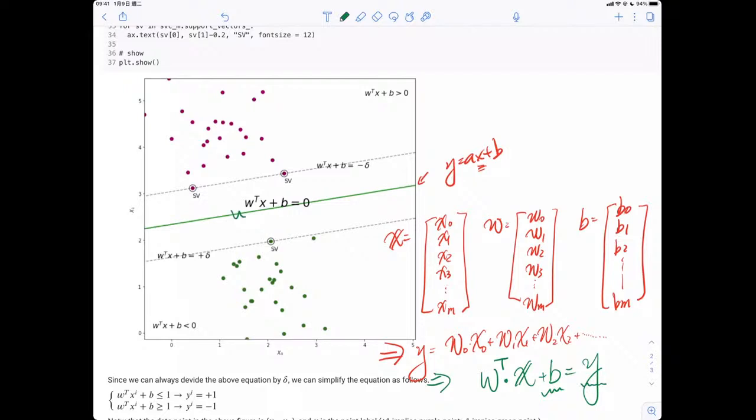So here we have a general representation of a line, which is W transpose dot x, which is a vector, plus b equals 0. That is a line.